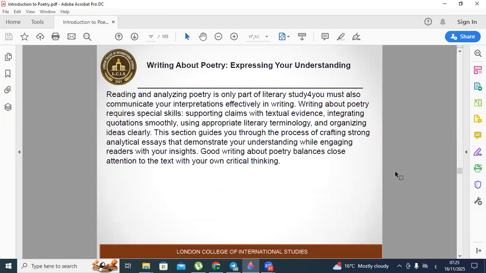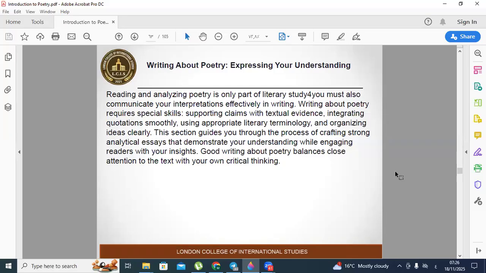Writing about poetry, introduction: expressing your understanding. Reading and analyzing poetry is only part of literary study. You must also communicate your interpretations effectively in writing. Writing about poetry requires special skills: supporting claims with textual evidence, integrating quotations smoothly, using appropriate literary terminology, and organizing ideas clearly.